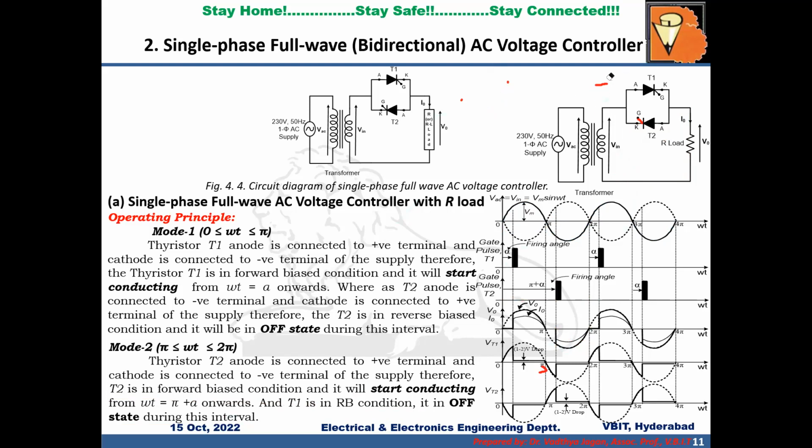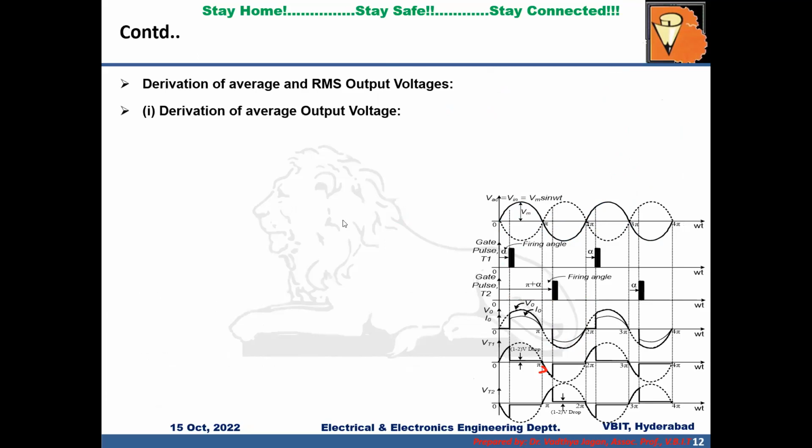So now I will see the average output voltage and RMS output voltage, which will be extracted from the waveform. If I see the area from alpha to pi, and calculate this area under the positive half cycle, let us say it is plus 25 volts. And if I see the negative half cycle, as I said, the thyristors are triggered symmetrically.